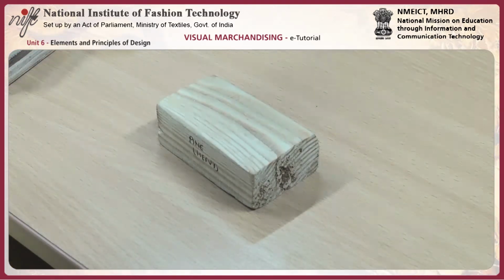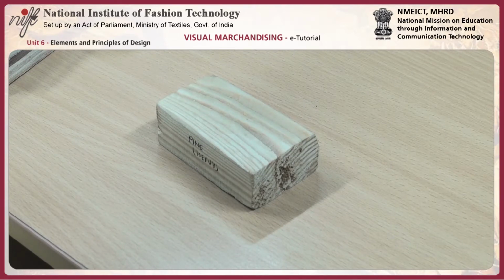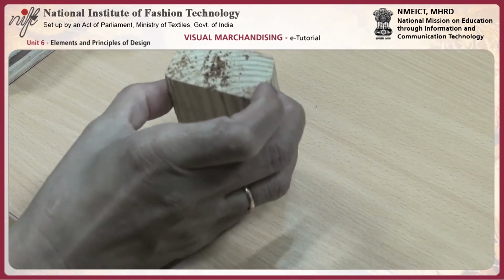This is a sample of pine wood. We had discussed that wood is of two types, natural and artificial. Natural wood is what comes from the forest and artificial or man-made wood is made by man. So what you see here is pine and you can see the grains here too.